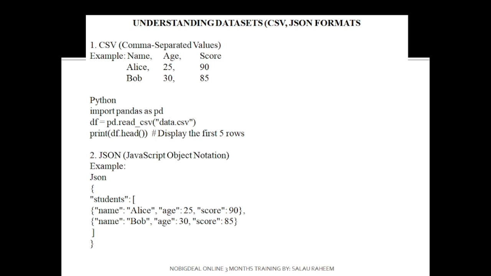So JSON, that is what we use under Django for our data structure. So these are examples of JSON files. It's declared like an object.